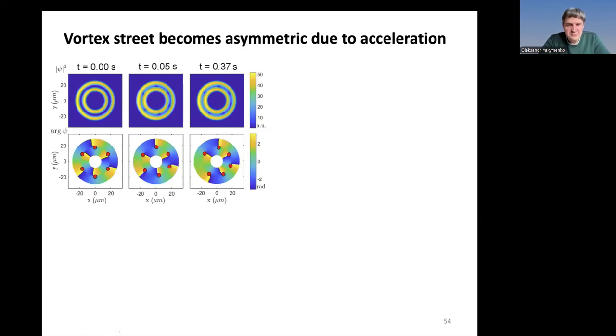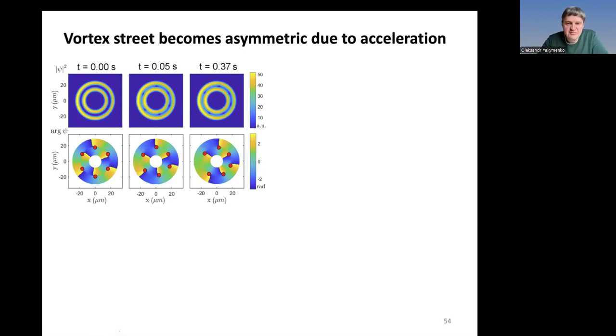And this hexagon will be deformed if you have the external acceleration. Indeed, as you can see here, these vortices drift in this effective potential.